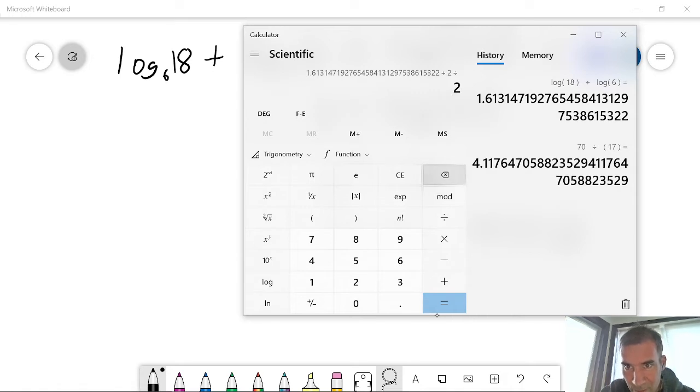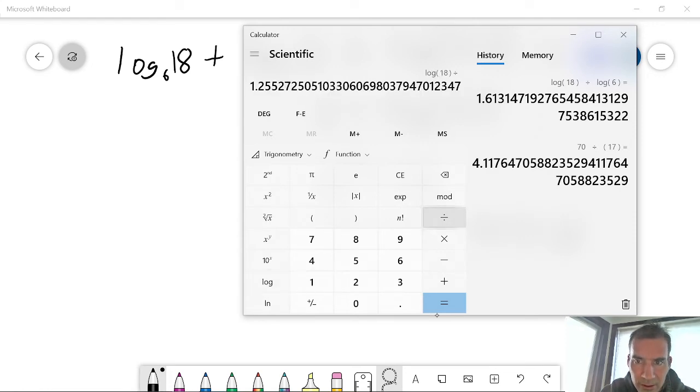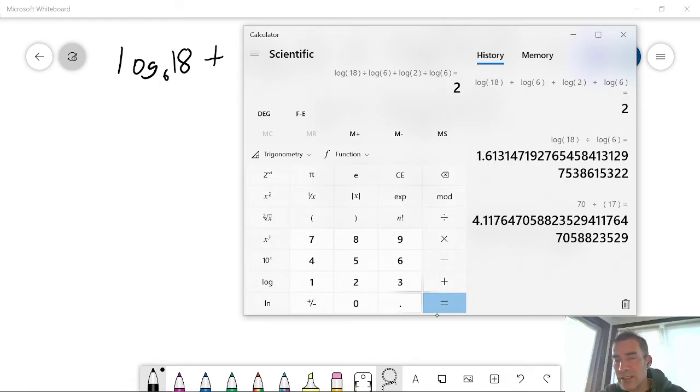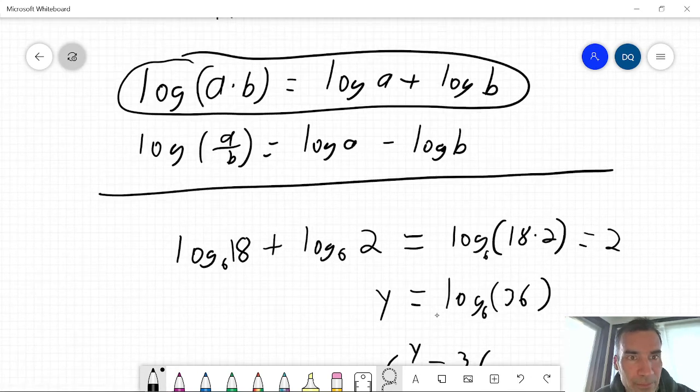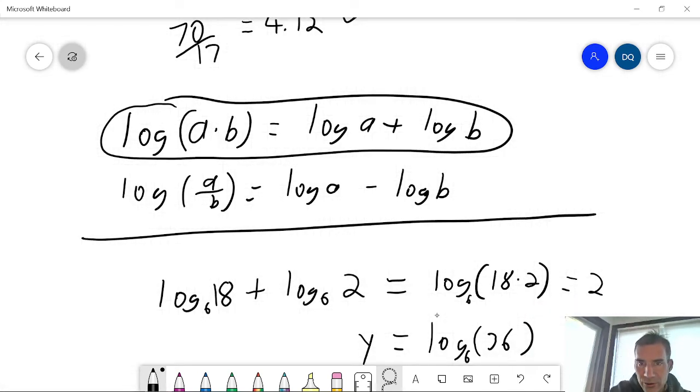Now, I think I hit my log button first, so this doesn't work like that. 18's log divided by 6's log plus 2's log divided by 6's log, and all of that gives us a 2. So you can see the calculator had to drag all those decimals through to accurately figure out what this was. However, using this rule, we've identified that we can turn the sum of the logs into the log of the products.